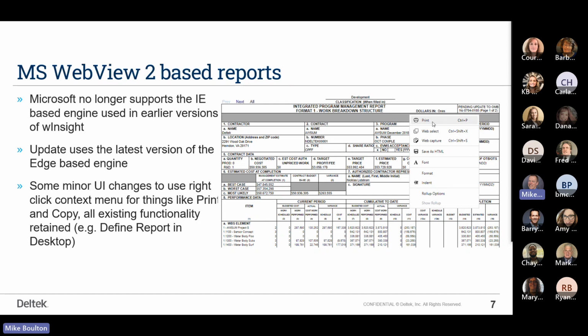And we've also got some things like web select, web capture, save as HTML on there. So web select gives you better capability when you're looking to pull things out of grids, so you can actually select grids and then copy them to Excel quite easily via that method.